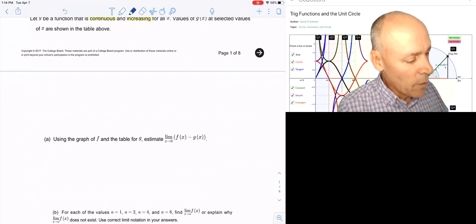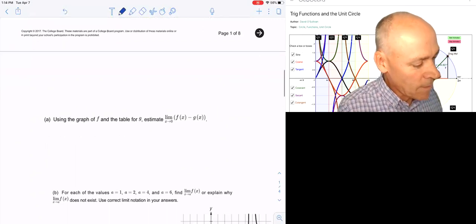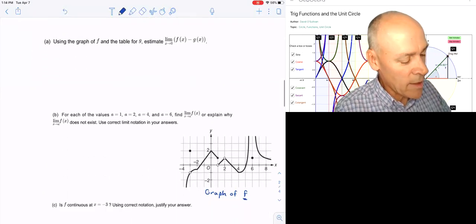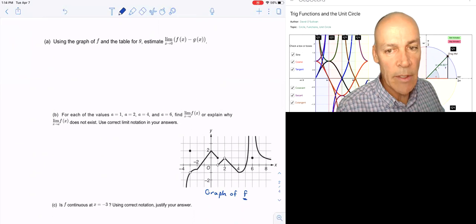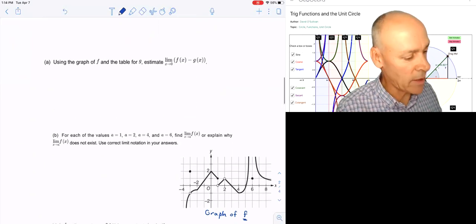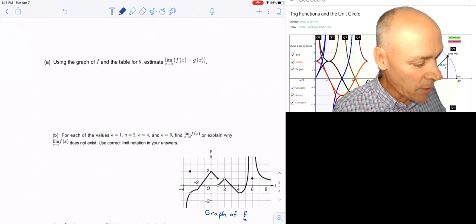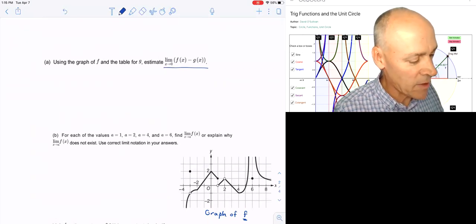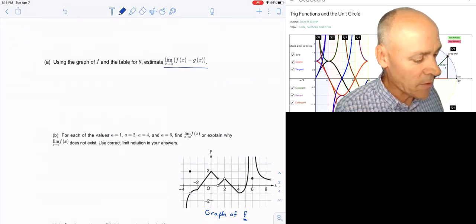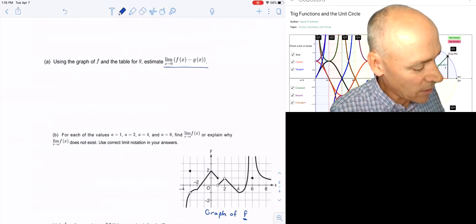Well, limit properties tell us that the limit of a difference is equal to the difference of the limits if the limits exist. So let's take a look at that. I'm just going to rewrite what we're given here. And again, the limit of a difference is equal to the difference of the limits, which means it's going to look like this.